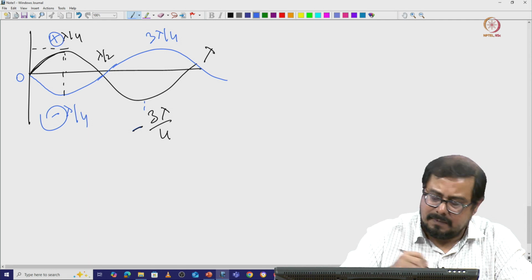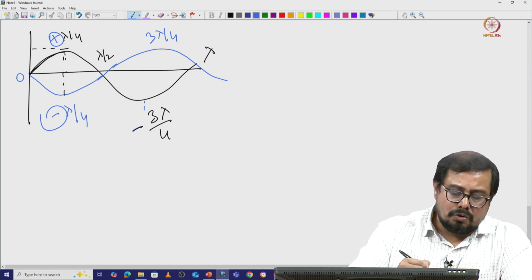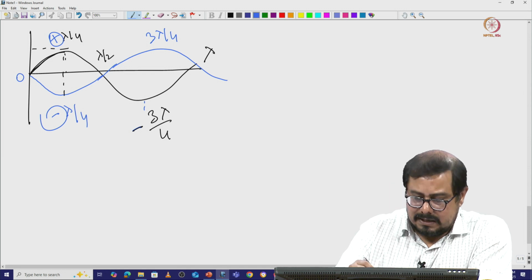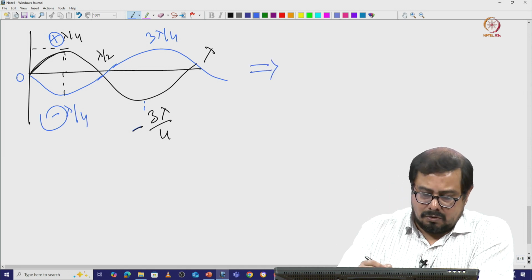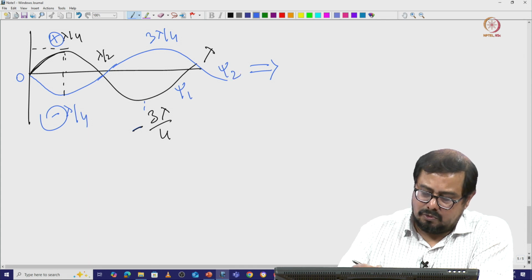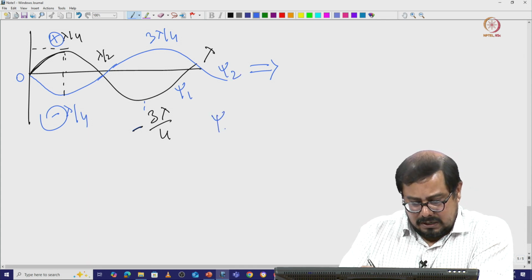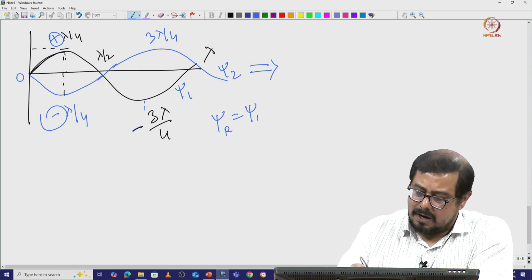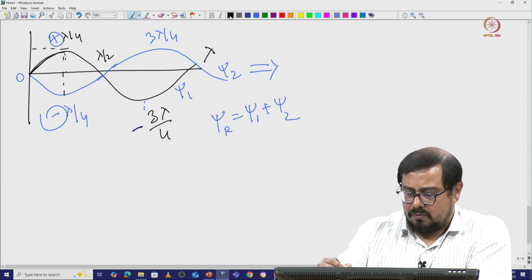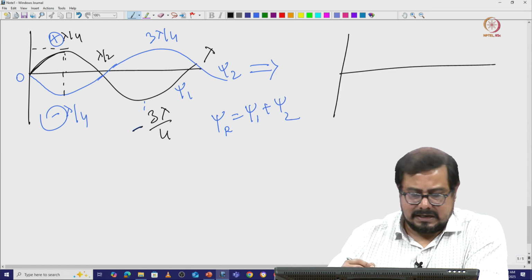This will be positive and the other one is negative. Now, if we want to merge these two waves together, what will be the resultant wave? Again, if we consider this is wave 1 and this is wave 2, our resultant wave will be wave 1 plus wave 2, and we can represent the resultant wave like that.